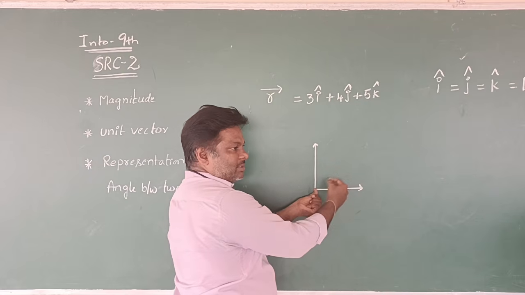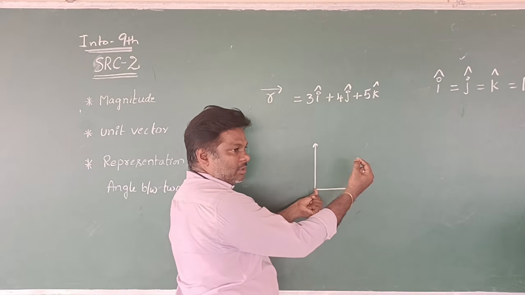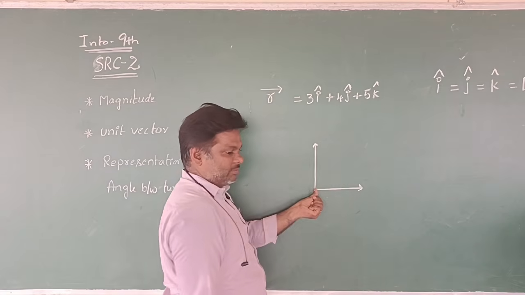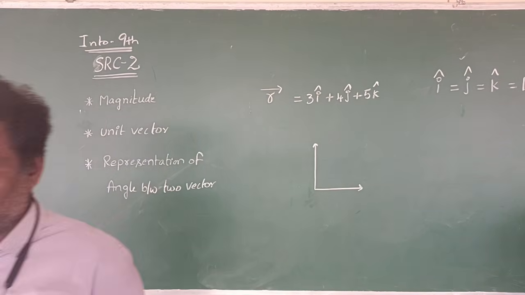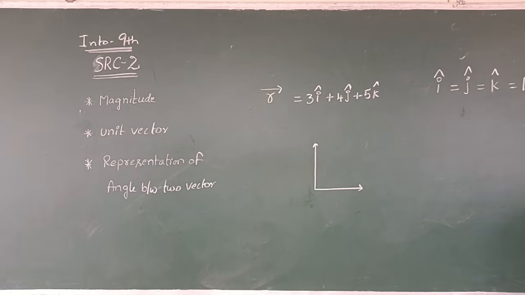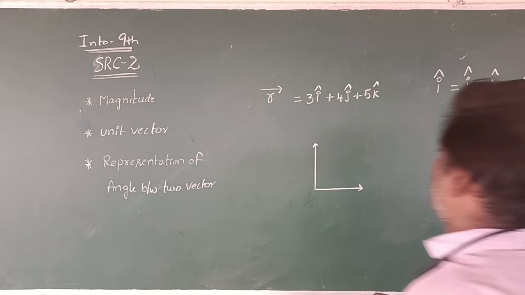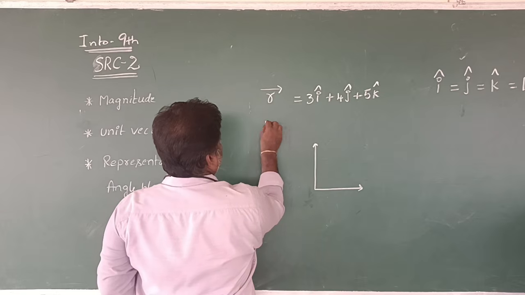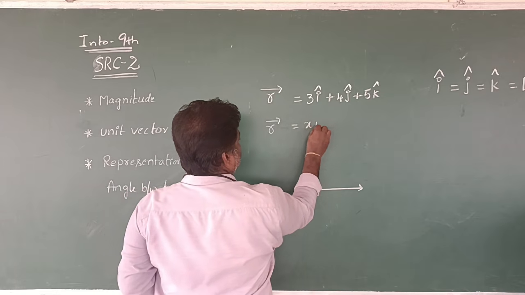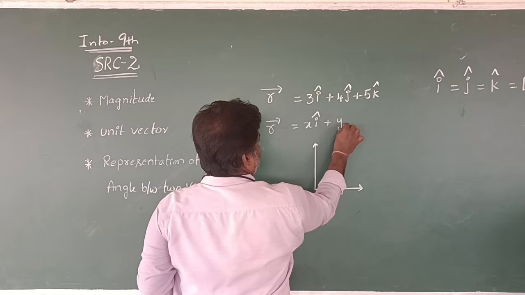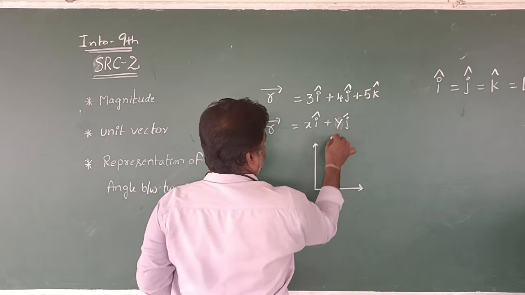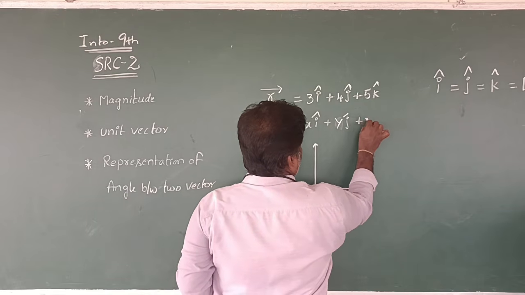We call this size the magnitude of the given vector. How can you find the magnitude of a given vector? We have a method for it. Suppose the given vector is x i cap plus y j cap plus z k cap.